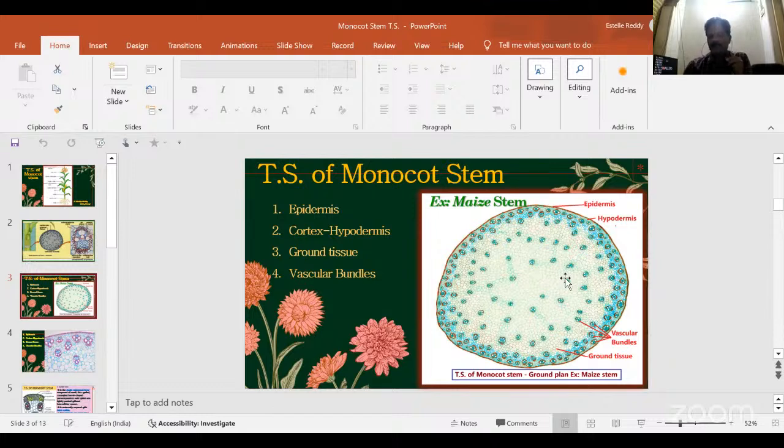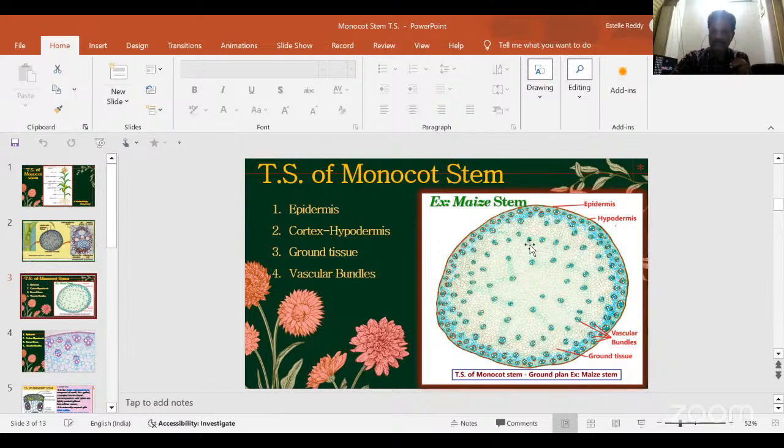What do you mean by atactostele? Atactostele is a stele where numerous vascular bundles are scattered irregularly. There is no particular arrangement, no particular sequence. And the sizes of vascular bundles are also different.